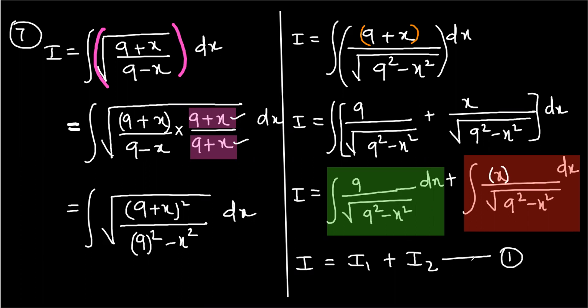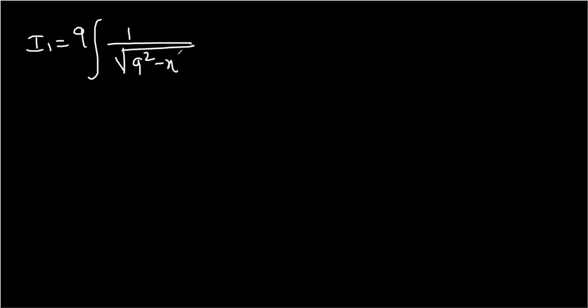Now I consider what is I1. I write here I1 is integral 9, so 9 is out, and 1 upon square root of 9 square minus x square dx. This will get me 9, and here I can apply the theory. The theory is now applicable because it is 1 upon square root of constant square minus variable square.